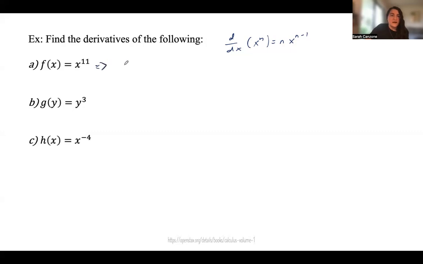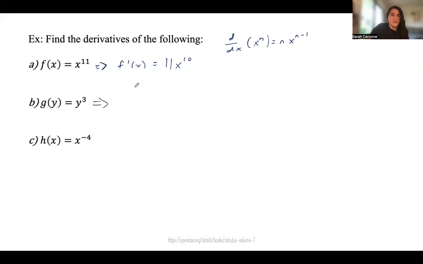Instead of having to go through and use the limit definition, because imagine multiplying out x to the 11 times, that would be the worst thing ever, we now have a really nice rule. Take the exponent, multiply it out front, 11, keep the variable, subtract 1 from our exponent. 11 minus 1 is 10. Therefore, our derivative is just 11x to the 10.